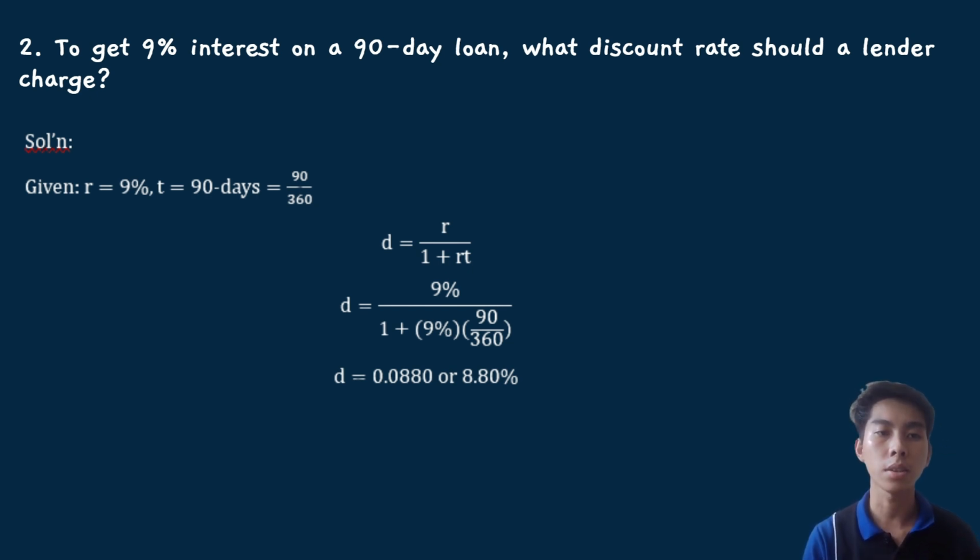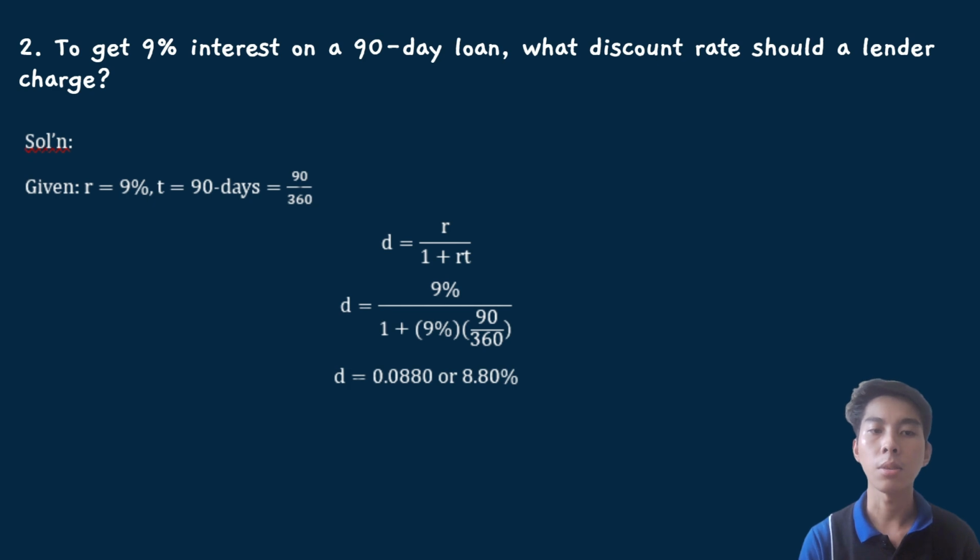We have here interest rate 9%, so R is equal to 9%, and T is equal to 90 days. Since it is in days, we just simply divide it by 360, which is the Banker's rule to use the approximate time. So we have T is equal to 90 over 360.